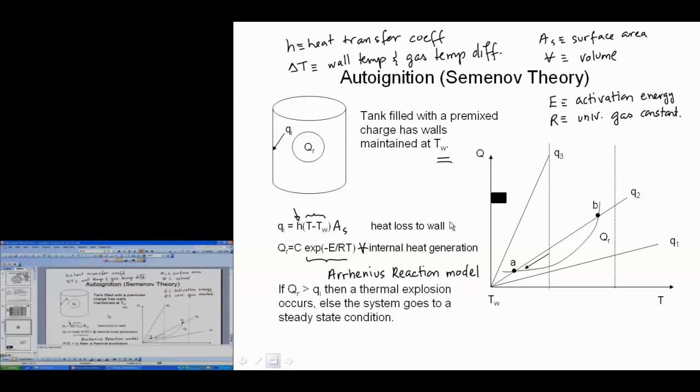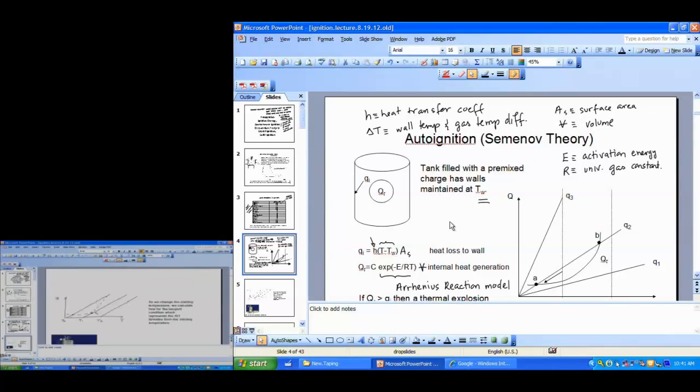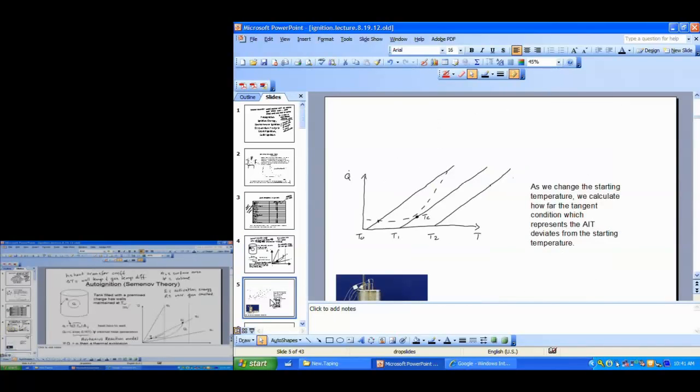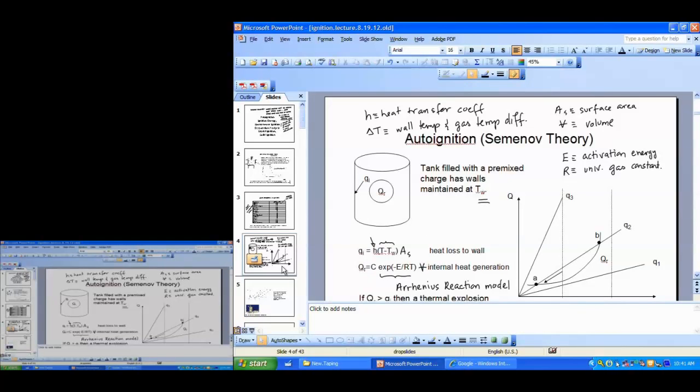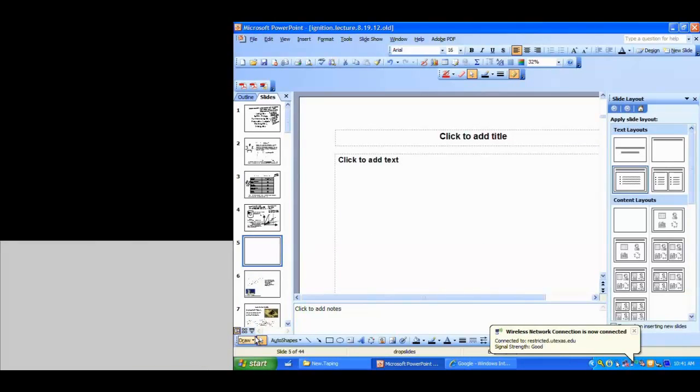And we're going to insert right here another slide. And then we're going to go back to our slideshow and go back to our pen.